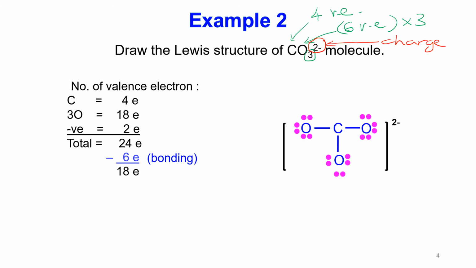Oxygen already has 2 electron, so we add another 6 electron. Oxygen 6 electron times 3 is 18. So the balance is 0, which means no electron for carbon.